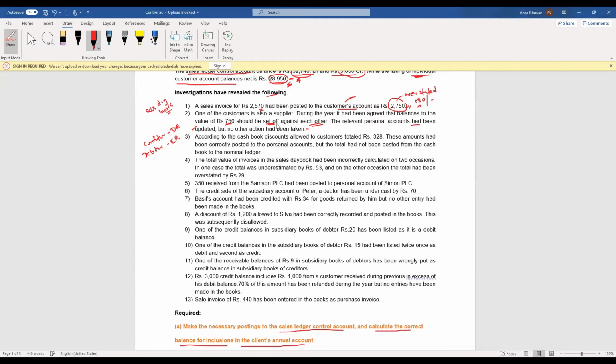So this is the set off entry. What should the entry be now? Since we are asked to update the sales ledger control account, not the creditors control account, this 750 should be set off against the creditors. So you need to credit the sales ledger control account.